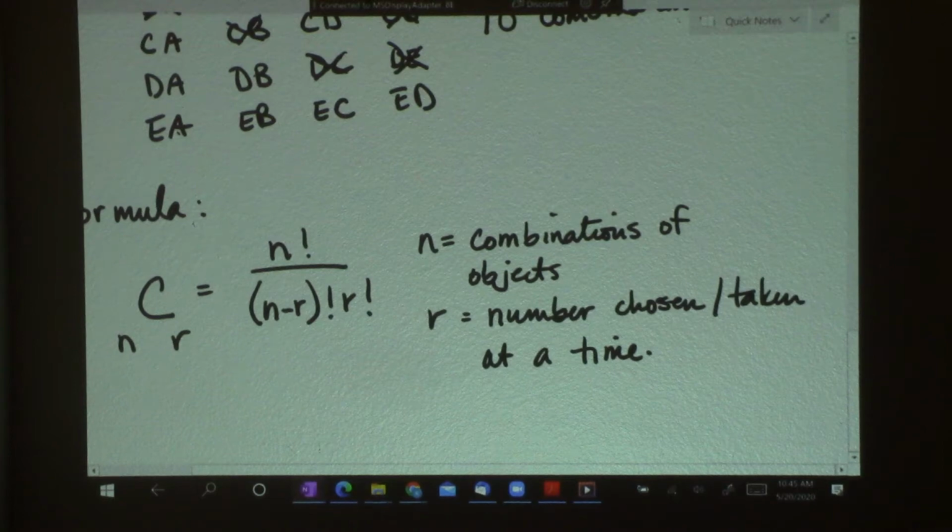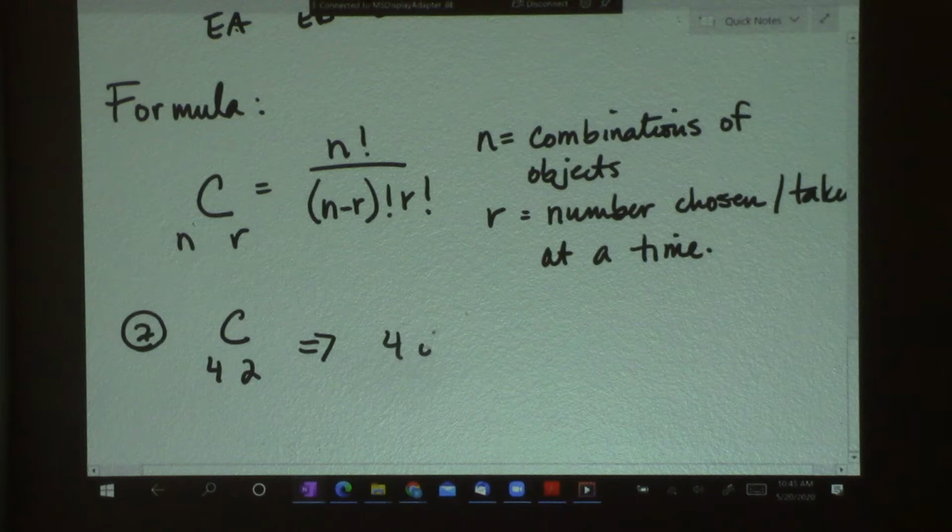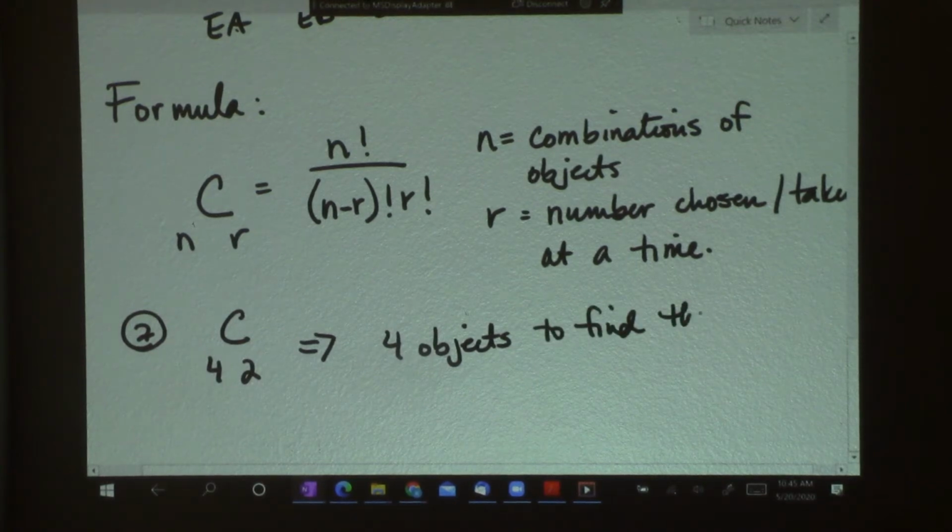Okay, so let's do an example using this formula. We want to figure this out using the formula. What does that mean? Okay, that means I've got 4 objects to find the number of combinations.